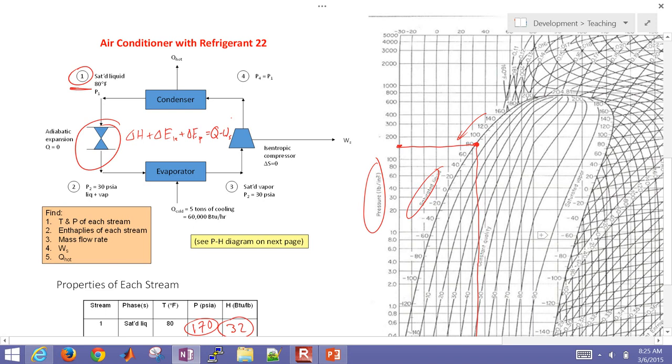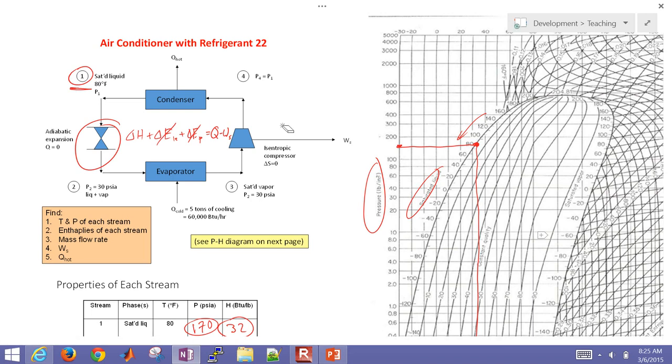In this system we're not going to consider the kinetic energy, since the velocity of the fluid is pretty low in comparison to the other energies. And the potential energy, let's say there's an elevation change here, a condenser is at higher elevation than the others, that's going to be pretty minor in comparison to the Q and the WS.